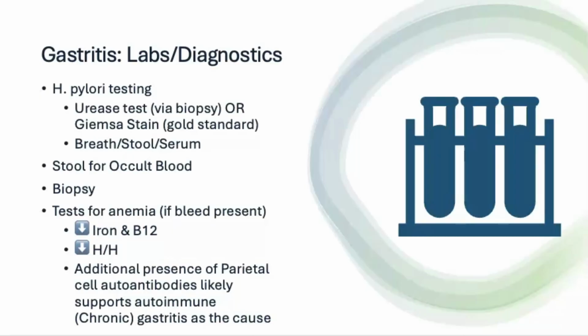And so when the patient's having a biopsy, they get a tissue sample, and then they place part of that sample in a solution that contains urea. So if H. pylori is present, the bacteria is going to produce urease. So it's going to break down urea and trigger NH3 or ammonia production.